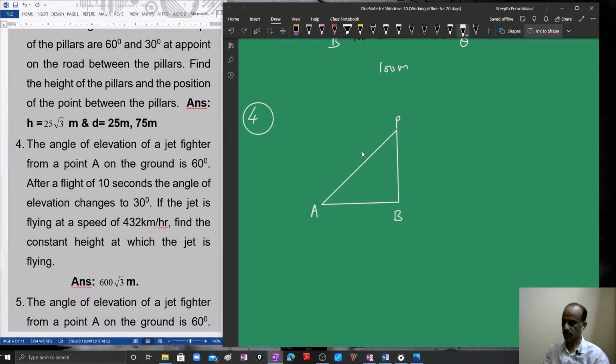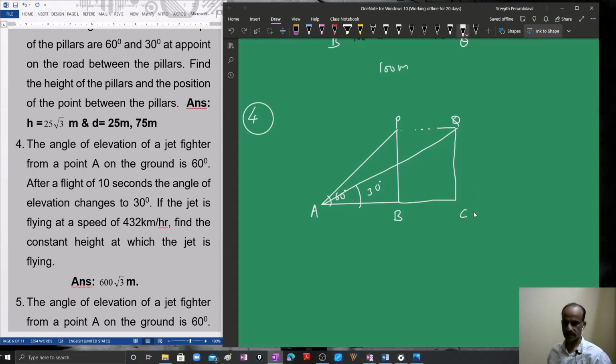After a flight of 10 seconds, the flight is moving. After 10 seconds, let the position be Q. The angle of elevation changes from 60 to 30, from larger to smaller, that means it's going away. Had it been from 30 to 60, that means coming towards us.